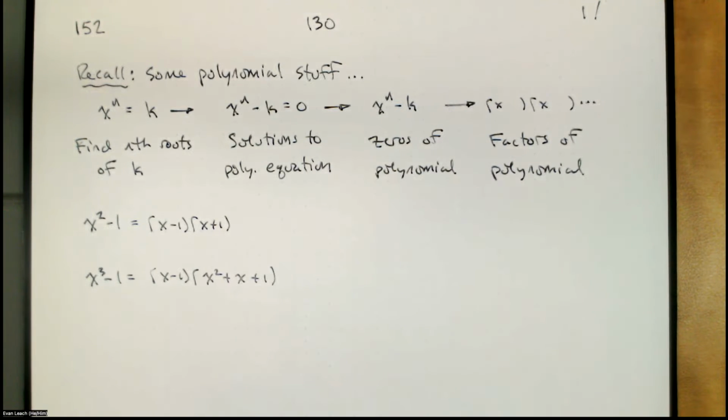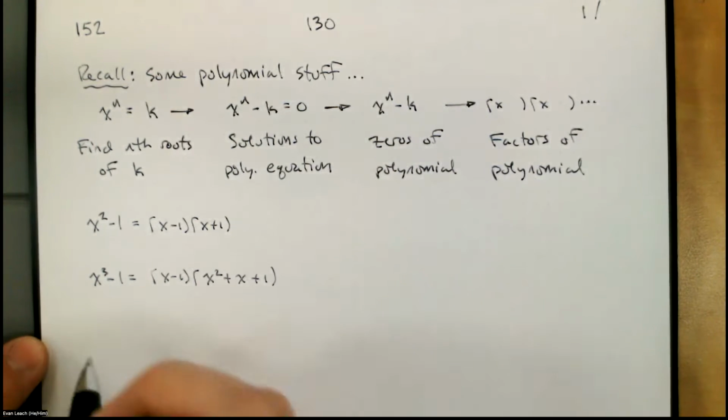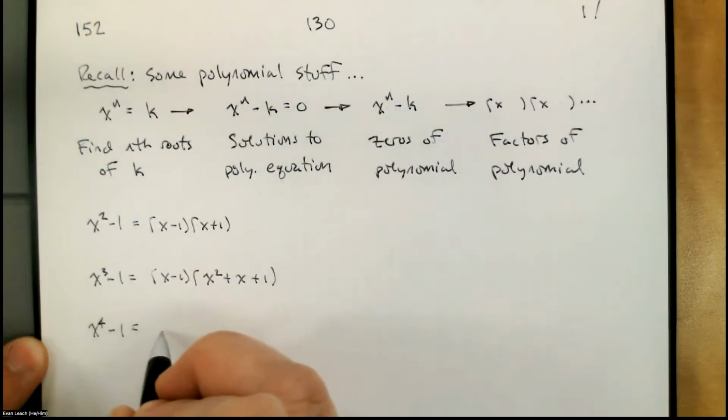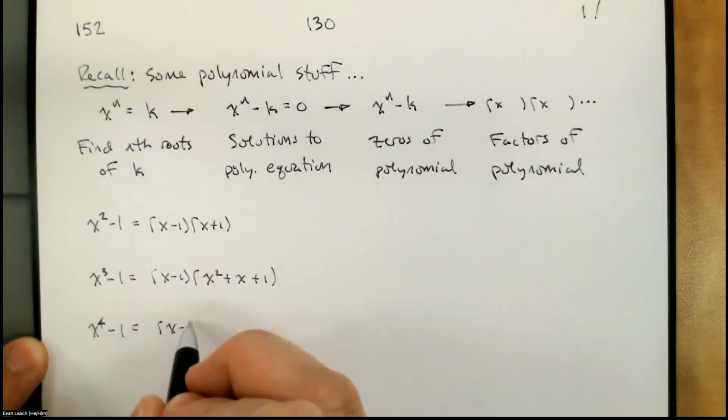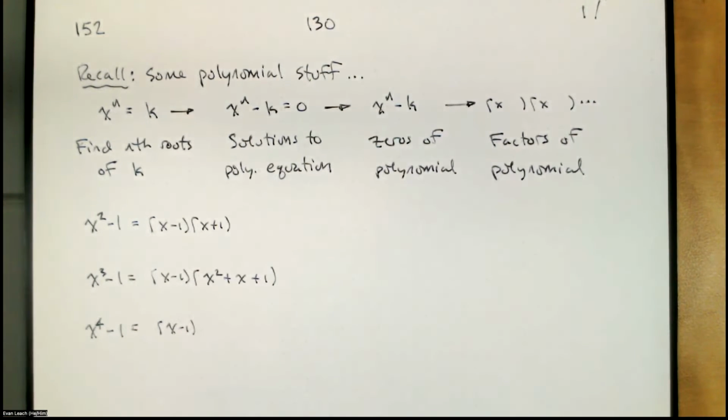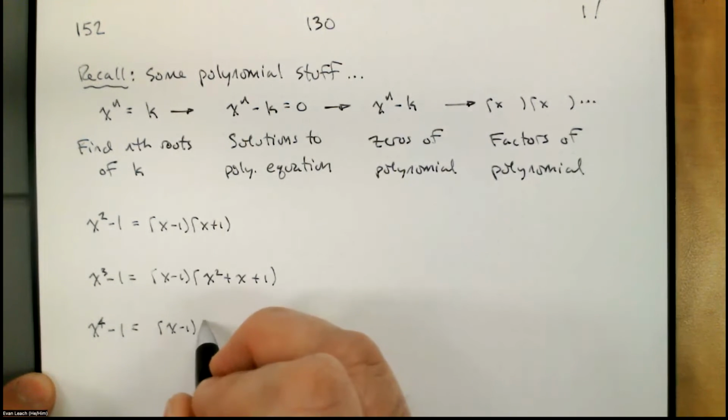This is not a lot to go on, but we might start thinking that this x minus 1 is a factor of anything that looks like x to the n minus 1. And we might start wondering what's left over.